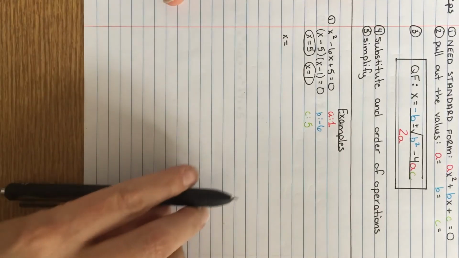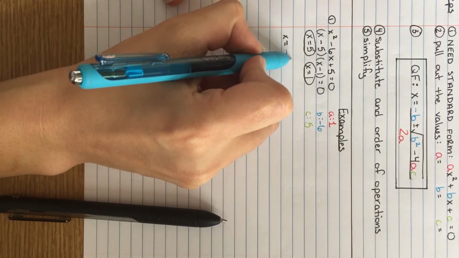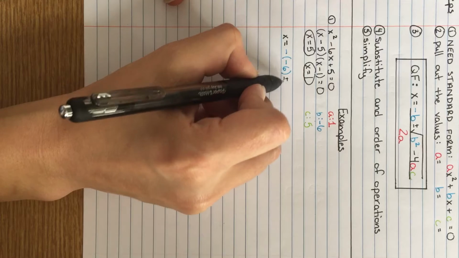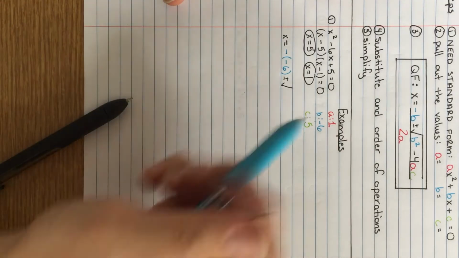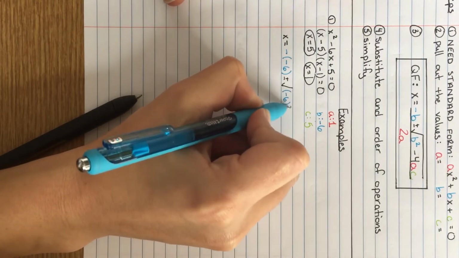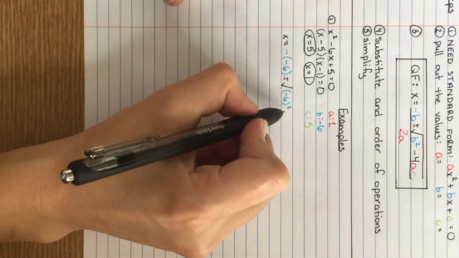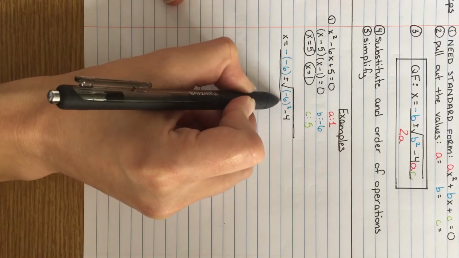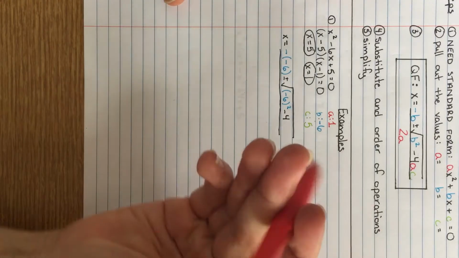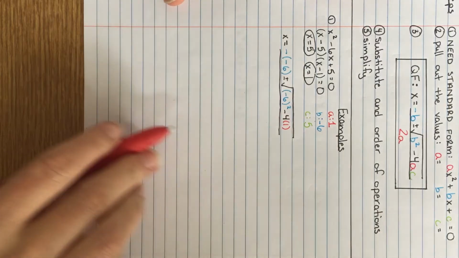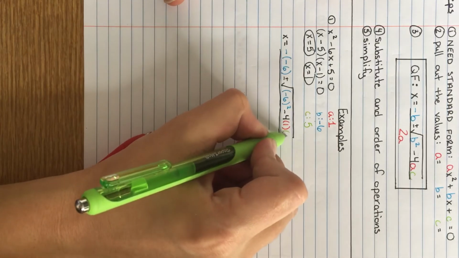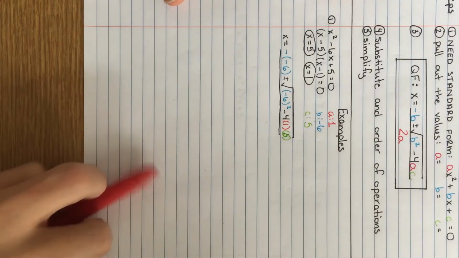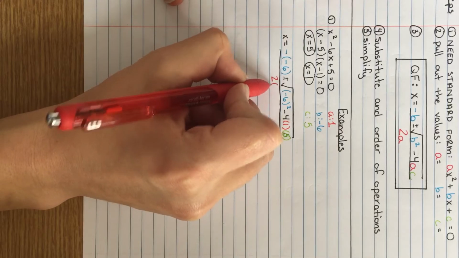X equals the opposite of b plus or minus the square root of my b squared minus 4 times a times c, which is 5, all over 2 times a.